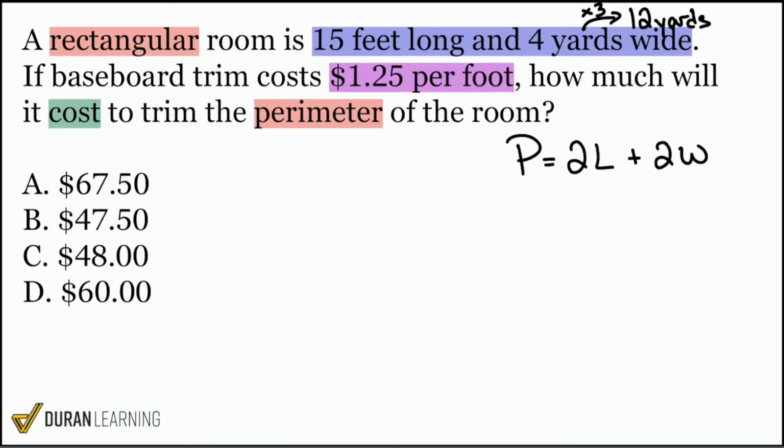So what I truly have here, everyone, is my length is going to be 15 feet. So 2 by 15. And then we're going to have over here 2 by 12 feet. And excuse me, I wrote yards over here. Let me not make that silly mistake. Let's write feet. Perfect. And so boom.